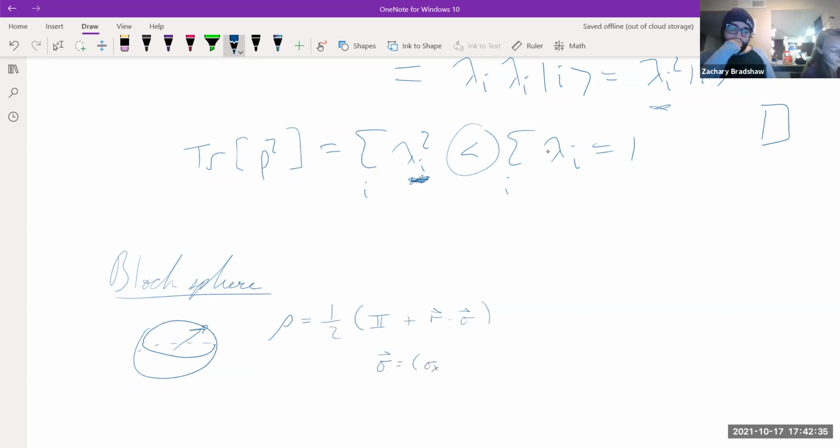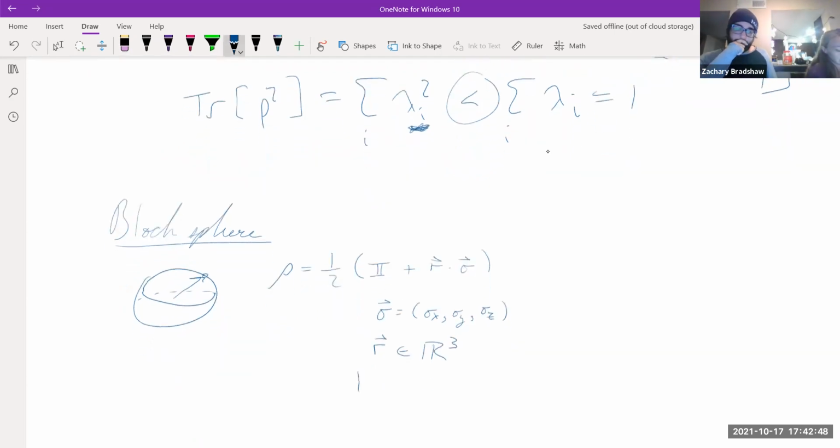So this vector is sigma x, sigma y, and sigma z. And r has the property that it's contained in the real numbers, R3 specifically, and has magnitude less than or equal to 1, right?